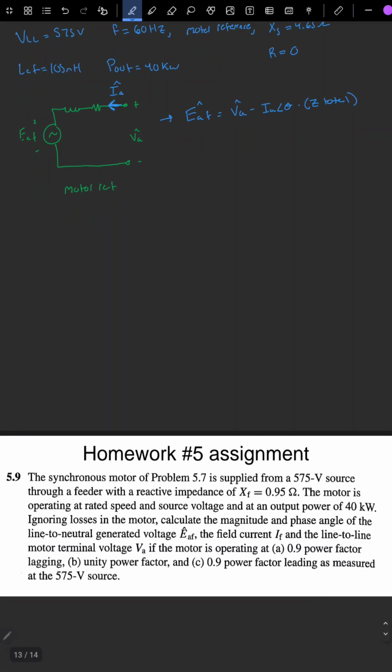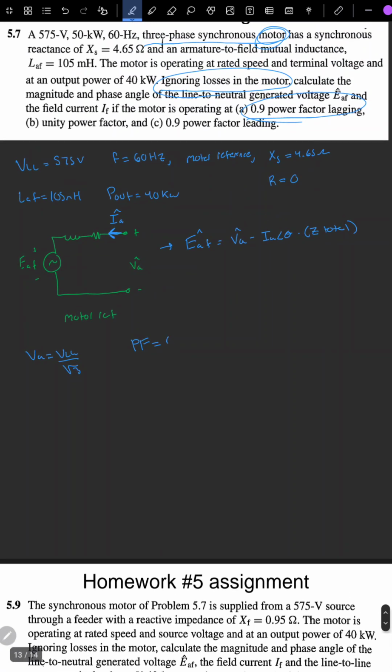Okay, so we have VA. VA is going to equal VLL over the square root of 3. You just have to do that quick conversion. We don't have IA, but we do have the angle, because we know the power factor equals 0.9 lagging.